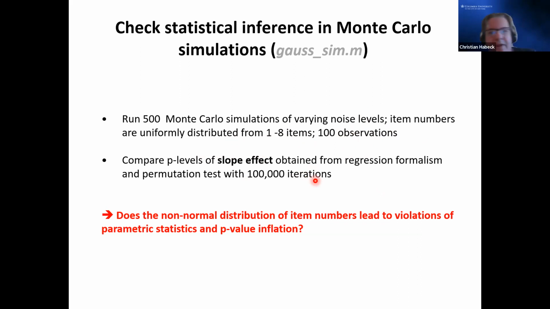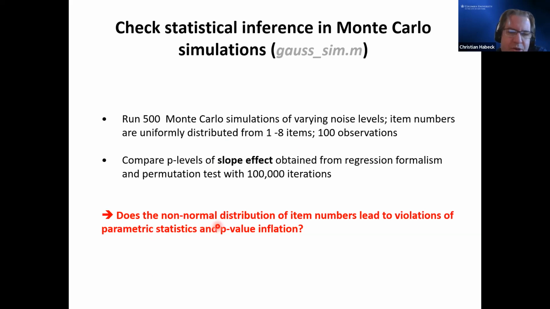Now we do linear regression and we get the parametric point estimates for the t-value and the p-value. And then in each scenario, we do a permutation test with 100 iterations where we also get the empirical p-value. So how often do you find a slope parameter that lies in the tail of the null distribution?